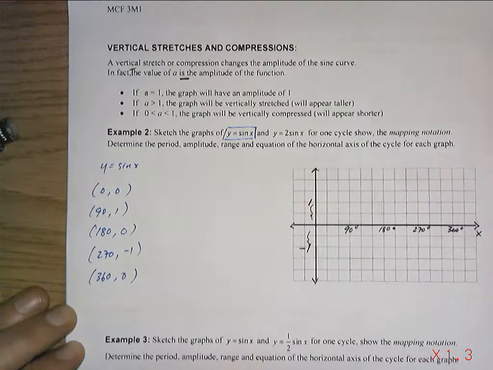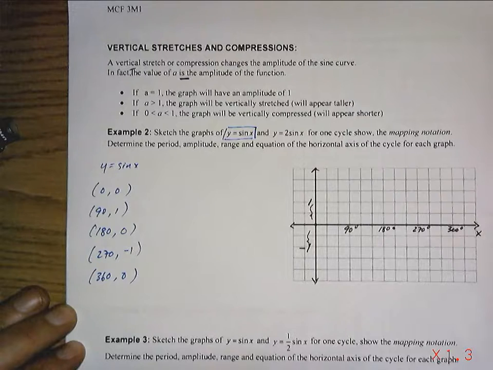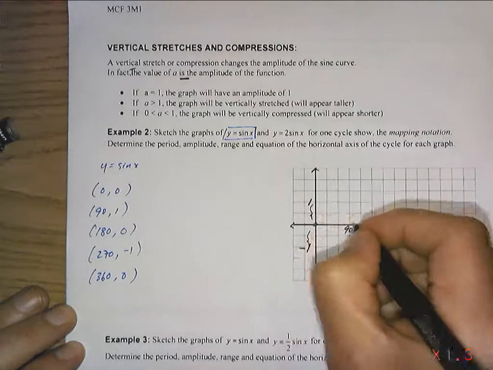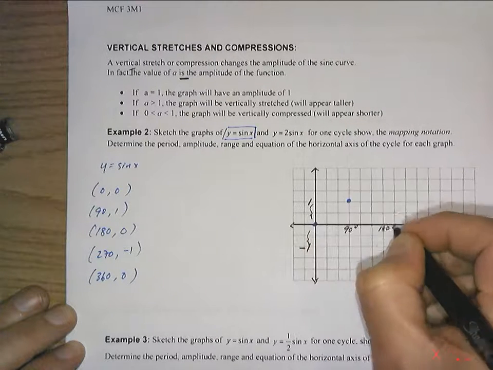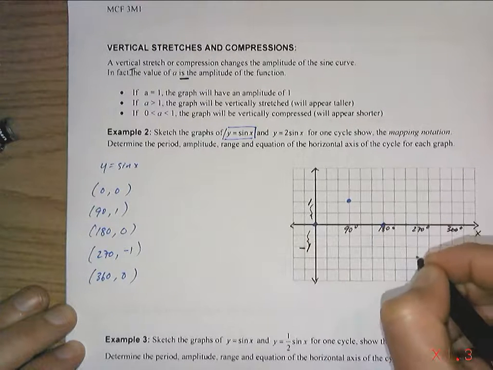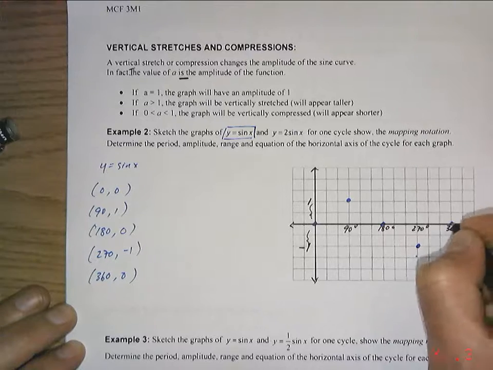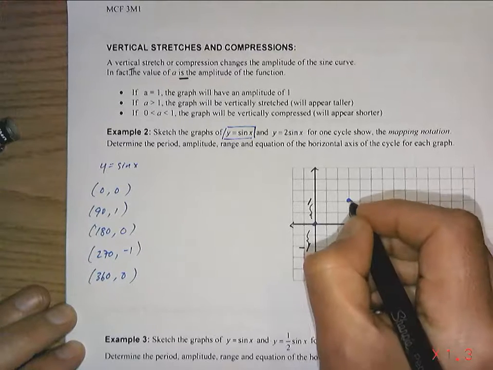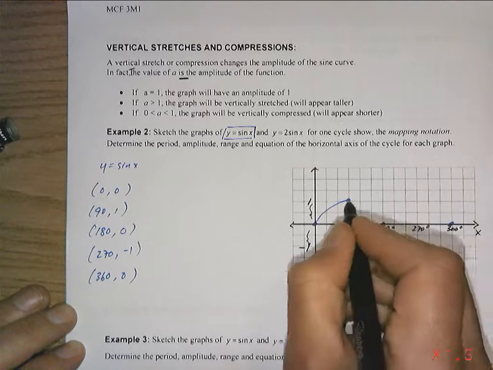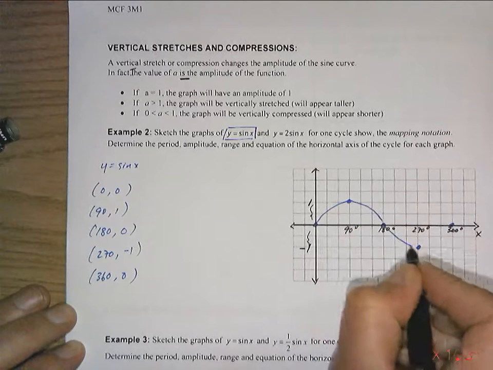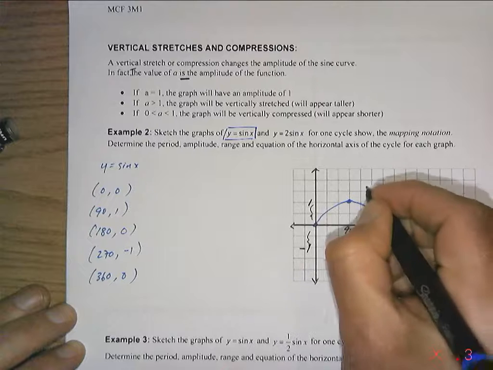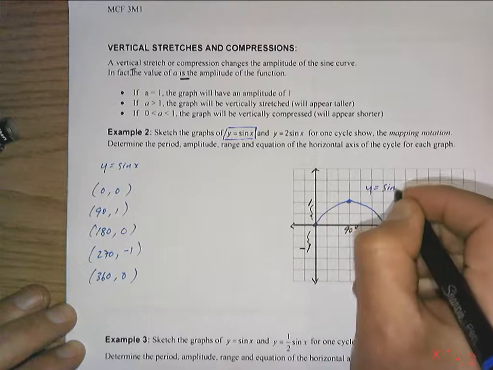Those are your critical points, right? So it's going to be here, here, here, here, here, and here. So it goes like that, like that, like that, and like that. There's y equals sine x.